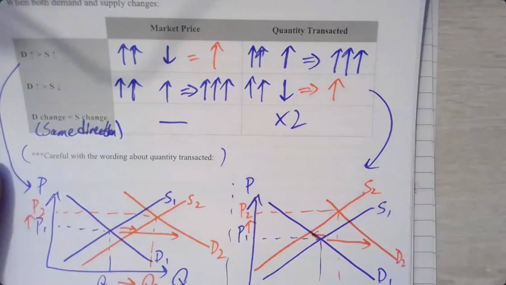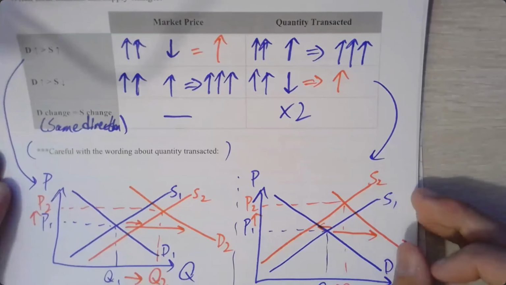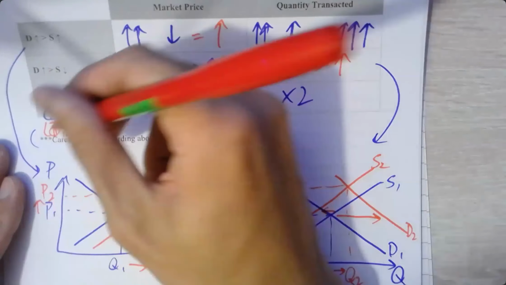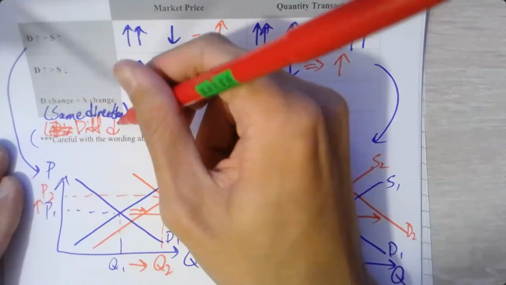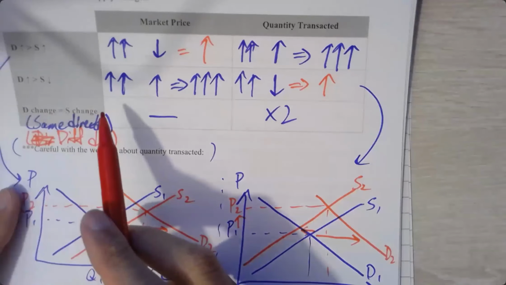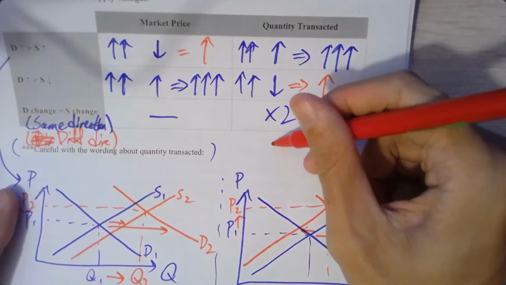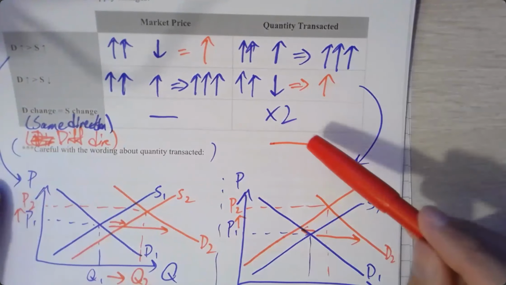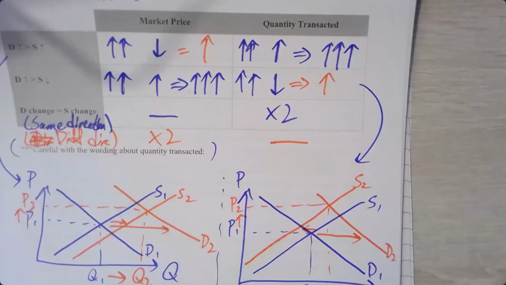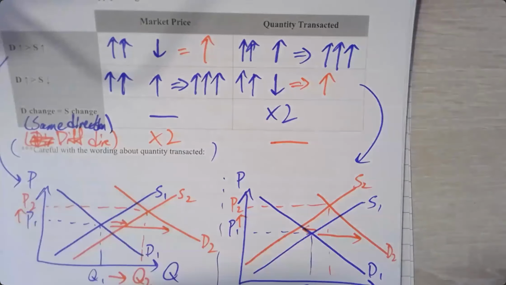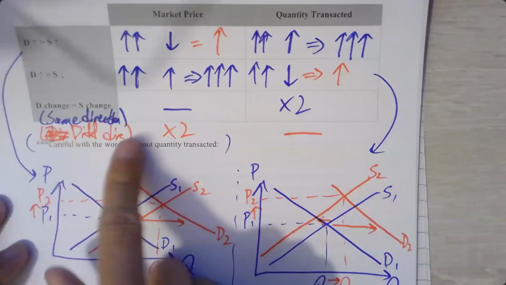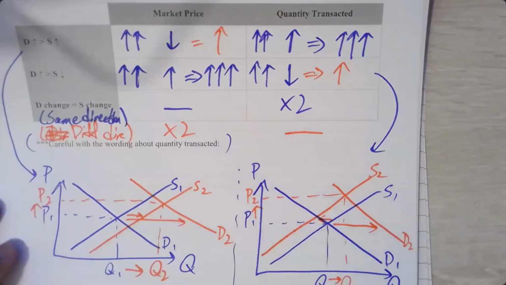Because both increase together, so it doubles, right? Basically, if they are in the opposite direction, if it's reversed, then it's exactly reversed. If one increases and one decreases by the same amount, then this one is most likely unchanged, but this one we have a times two effect. If demand increases and supply decreases, then they will have the same result on price.